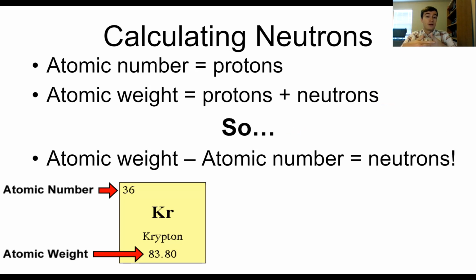So for Krypton, since that has a weight of 83.8, that's pretty close to 84. So we can just round it and call it an even 84. If the weight was a little bit smaller, like 83.3, that's pretty close to 83. So we just round that down and say it's an even 83, right? So you basically just round up or down to the closest whole number. In this case, Krypton, we can say that it has a weight of 84.